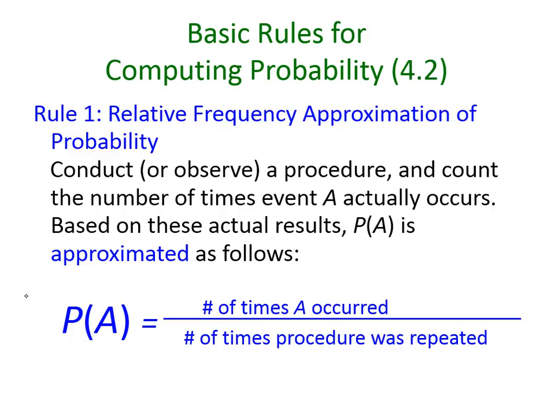So if everybody did it 10 times, we would have 90 different attempts, and we could just count how many heads we had, and it'd be that many out of 90. That would be just going through and doing the relative frequency approximation of probability.